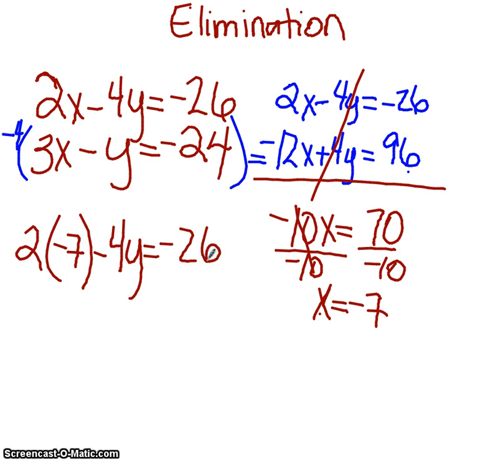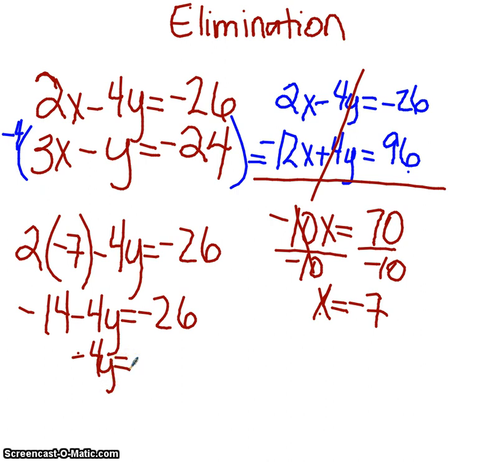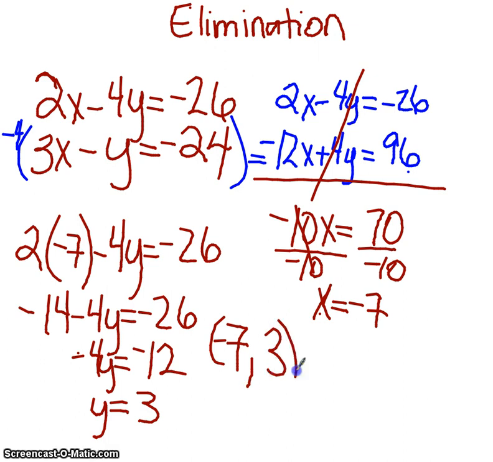So when I multiply that out, I get -14 minus 4y equals -26, which is -4y equals -12, which is y equals 3. So my coordinate, my point of intersection, would be -7 and +3.